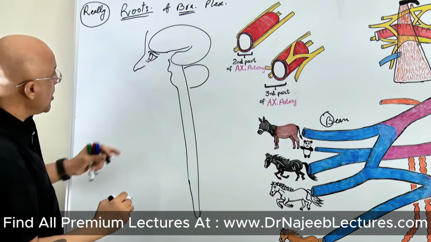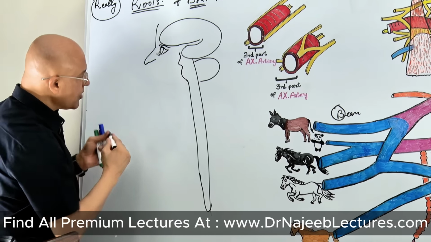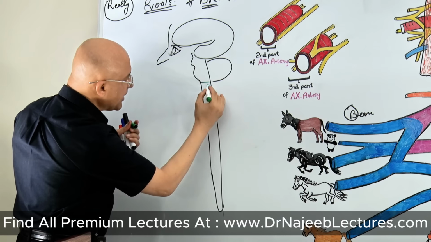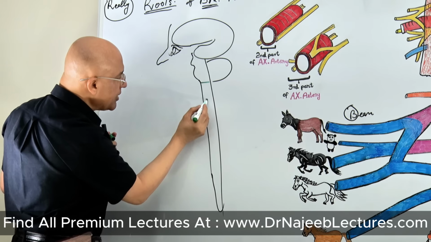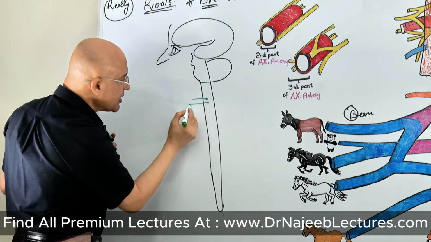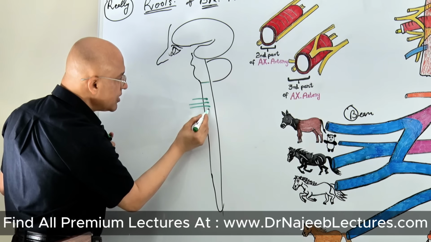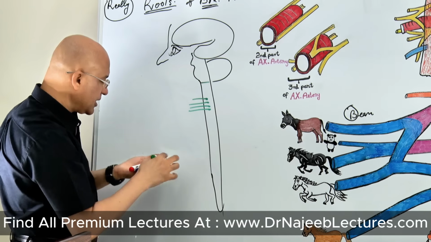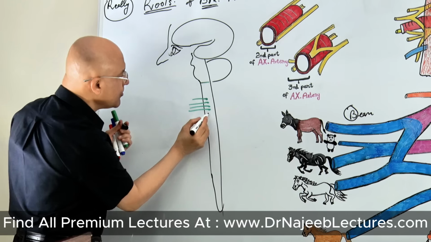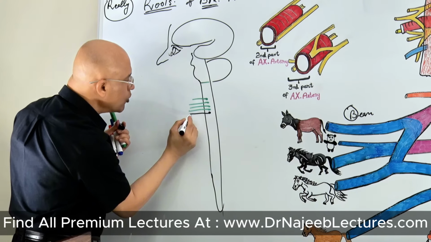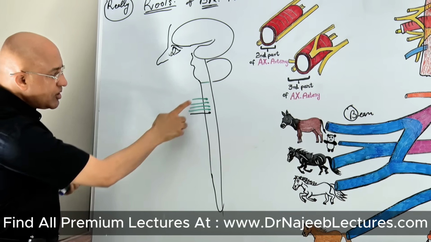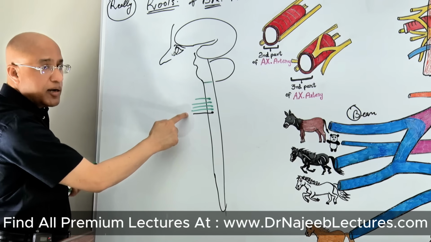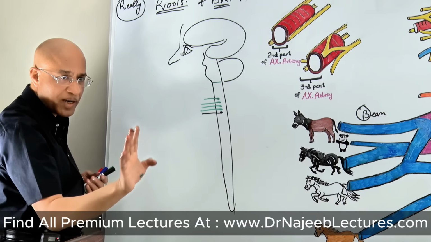Now, what is really happening is that here is the spinal cord, right? This is C5, 6, 7, 8, and here it is T1. Okay, I will make the T1 black. This outflow, these fibers which are coming out, eventually their ventral rami will make the brachial plexus, right?